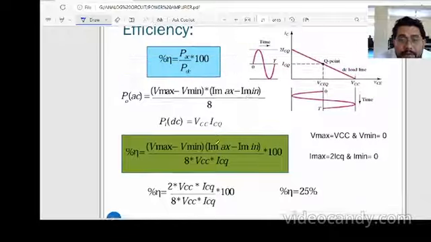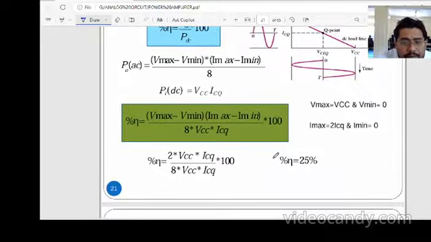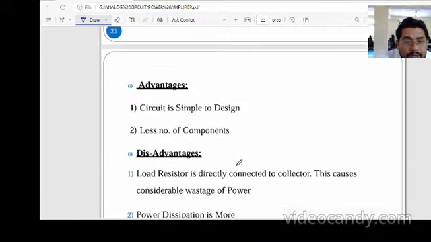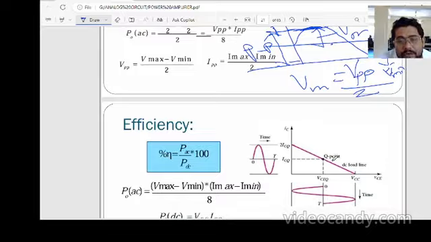Put this value here. For a class A amplifier, this is 25%. After putting this value here, VCC into ICQ. This is the efficiency for a class A amplifier.